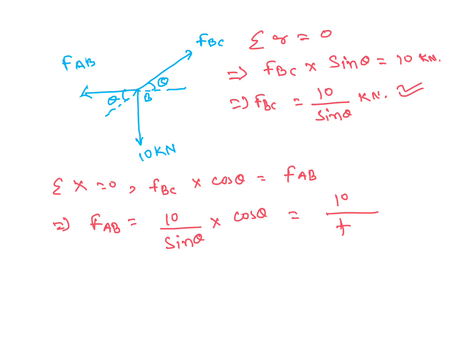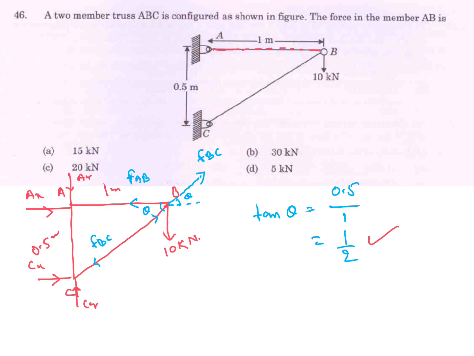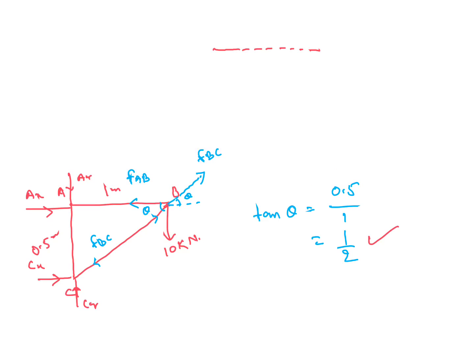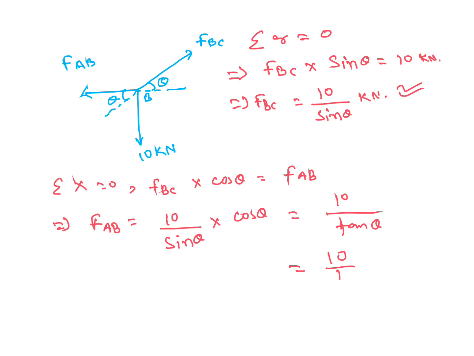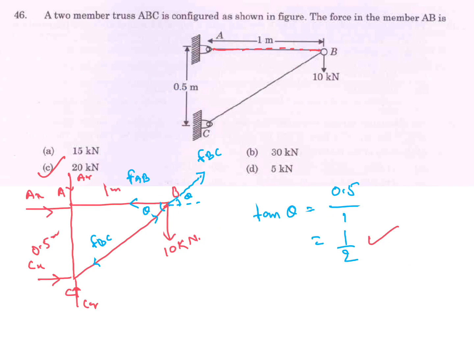Tan theta we already got, here it's 1 by 2. So 10 by 1 by 2, it's 20 kilonewton. From option, C is our answer. The force in the member AB or FAB equal to 20 kilonewton.